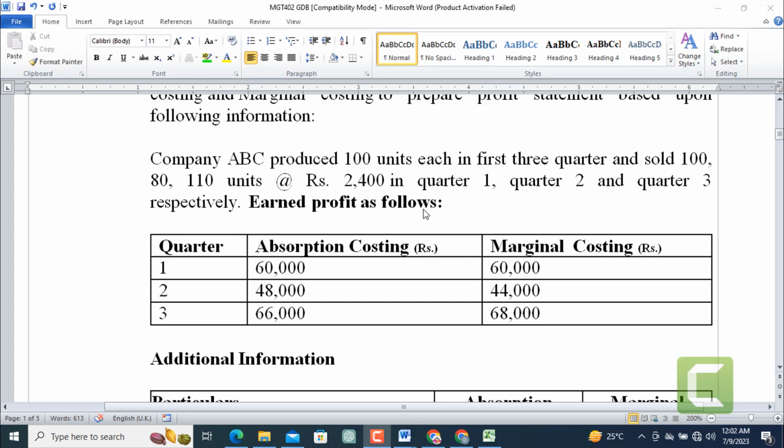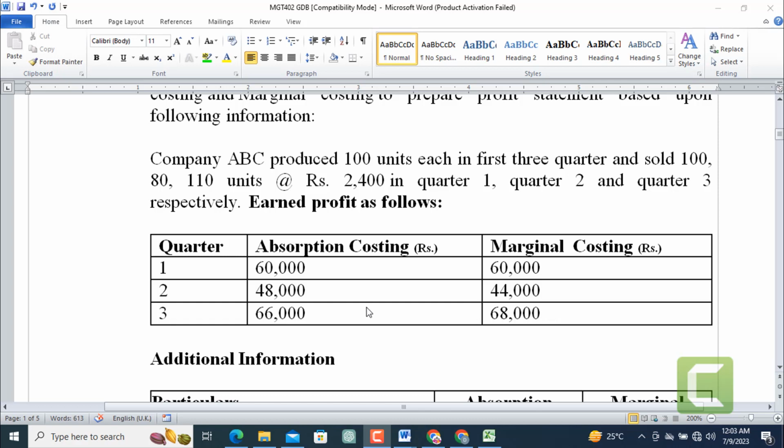Earned profit as follows: quarter 1 under absorption costing 60,000, marginal costing 60,000, 48,000 in the second quarter under absorption costing, 44,000 under marginal costing approach, and in the third quarter under absorption costing the earned profit is 66,000 and 68,000 under marginal costing approach.